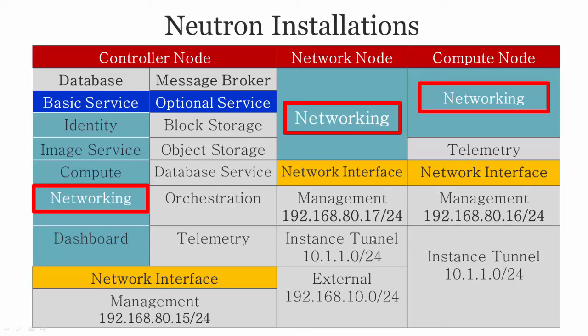For the instance tunnel, I will use the 10.1.1.0 network address. For the external network service, I will use the 192.168.10.0/24 network. In the case of the compute node, only two, this one for the management service, and instance tunneling service, this one will be used for communication with the network node.